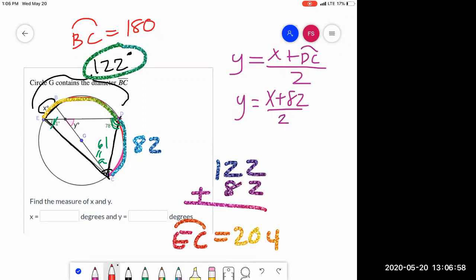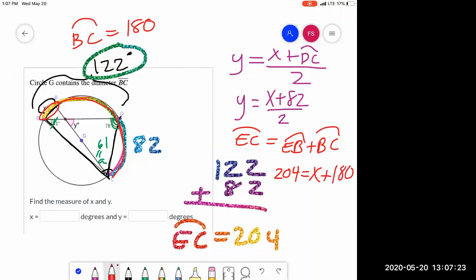Now I know that X plus BC, so if we have EB plus BC, that's the same thing as that whole EC length. And I just found out that EC was 204 degrees. EB is my X. And I know BC, because that's my diameter, is 180 degrees. Now I can solve for X by subtracting 180 from both sides. And I get that X equals 24 degrees.